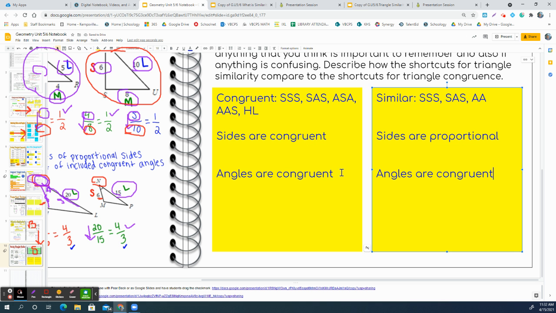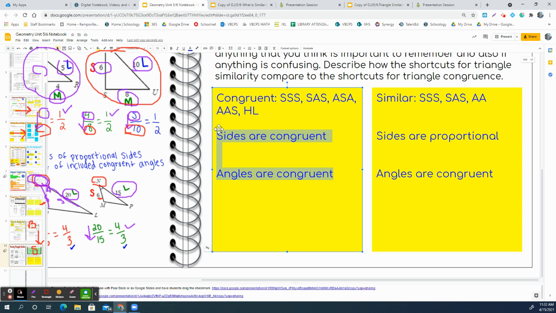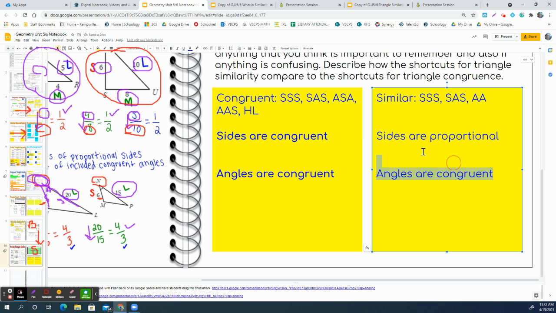Sides are congruent, angles are congruent, and sides are proportional and angles are congruent. And you can reference this on the test, on the quiz today, on the practice test, whatever you need to do. This is going to be super important.